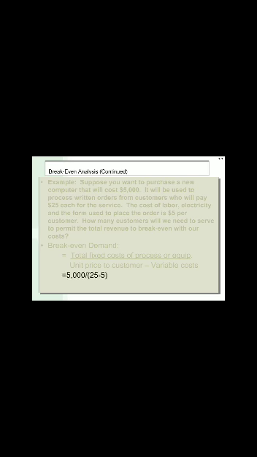So 5,000 divided by 25 minus 5. So 250 customers will be required to break even. If 250 customers come, then whatever expenses we are making can be balanced or equalized.